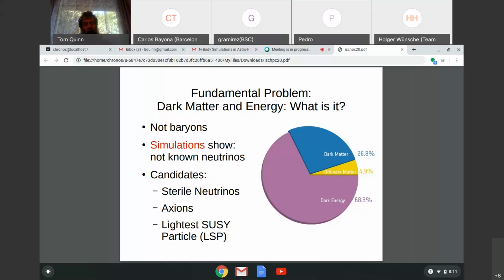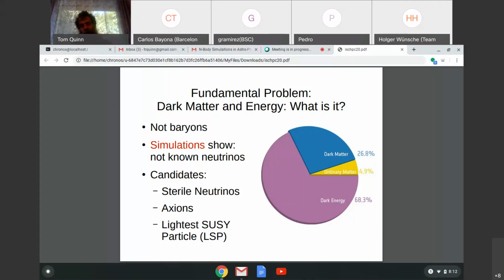And so we're trying to use simulations to put some kind of constraint on the nature of the dark energy, in particular, the dark matter. And there has been some success in this, in putting constraints on the dark matter. Some of the earlier cosmological simulations run in the 80s modeled the dark matter with a known particle, the neutrino.